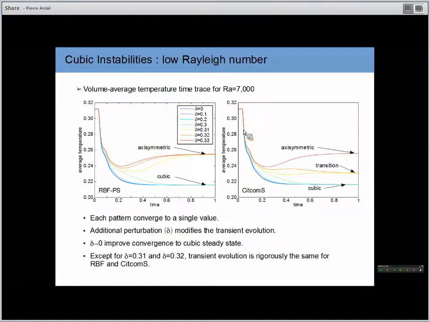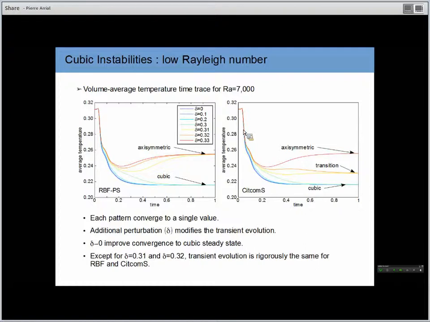So the value of this perturbation is really different between the three models only by a really small amount, and we consider that they have a pretty good agreement in localizing the transition.